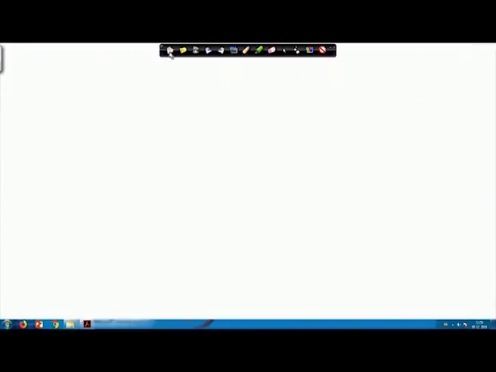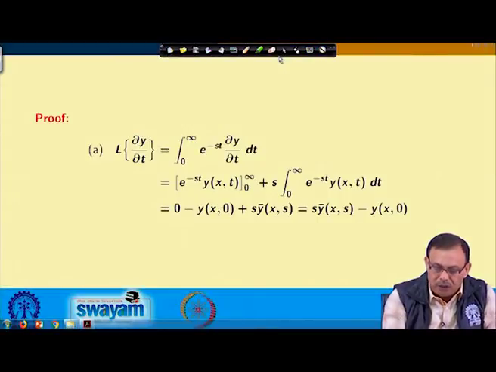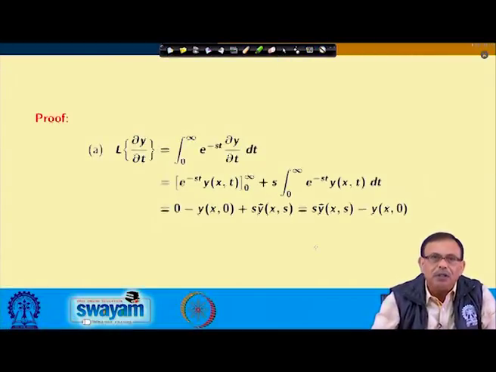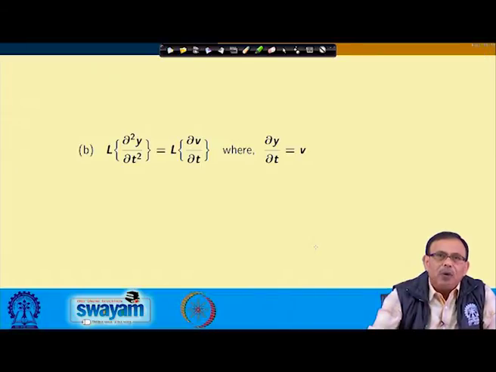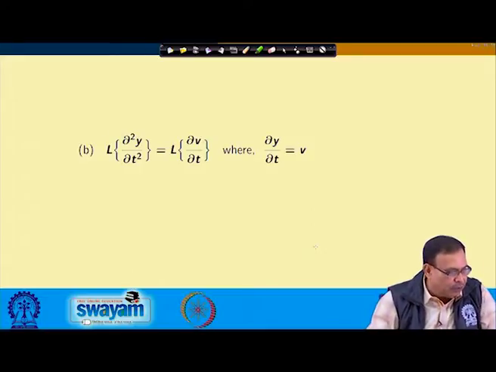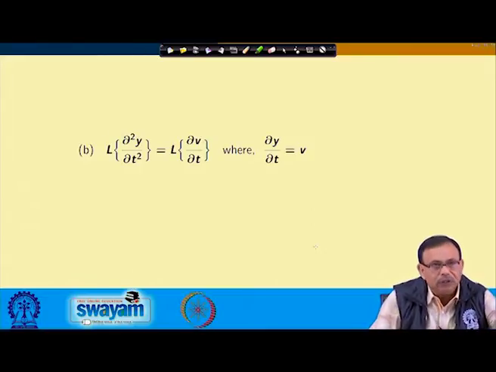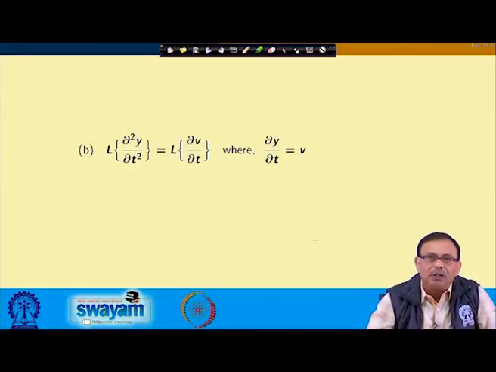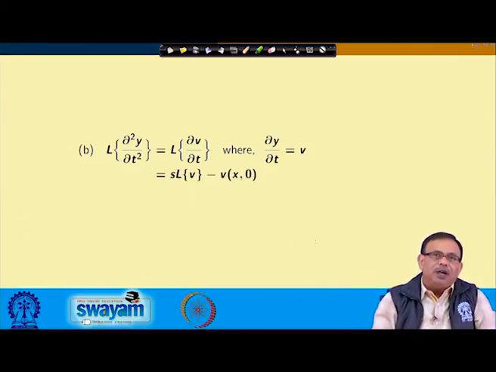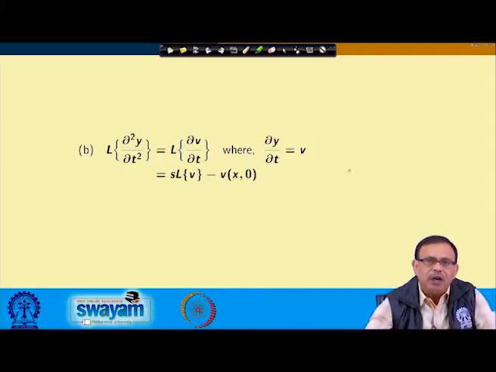If you see the proof of the next part, in the same way we are writing it as Laplace transform of del v del t, where del y del t equals v, and in the next part you are putting the value of del v del t. Laplace transform of del v del t is s into Laplace transform of v minus v x 0.